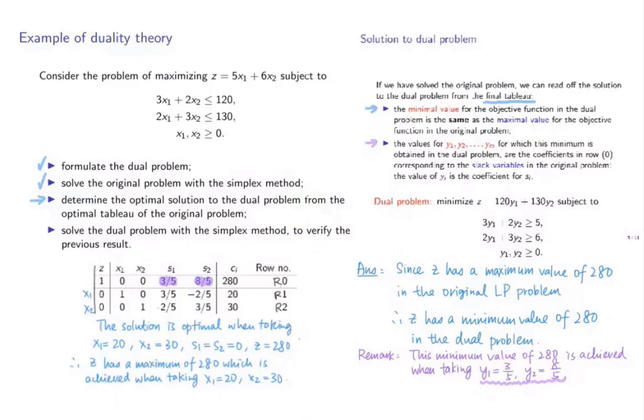And this 3 over 5 comes from the coefficient of the first slack variable in the 0th row in the final table of the original problem, whereas the 8 over 5 for y2 comes from the coefficient of the second slack variable in the 0th row in the last table when the optimal solution of the original linear programming problem is achieved.